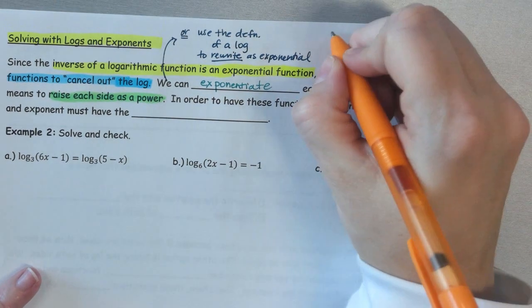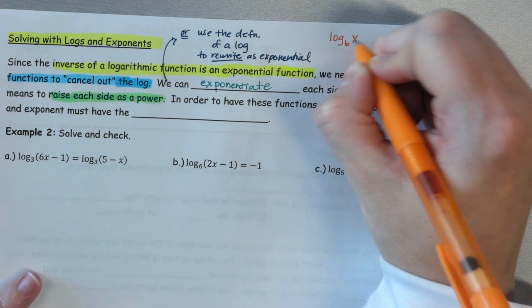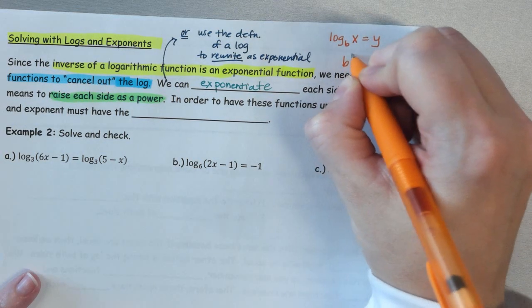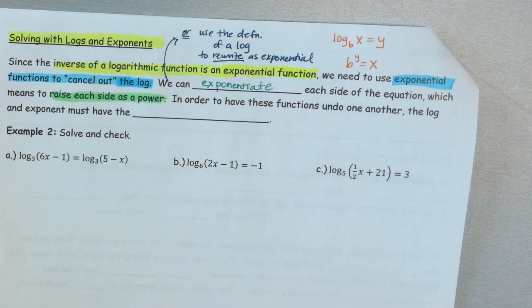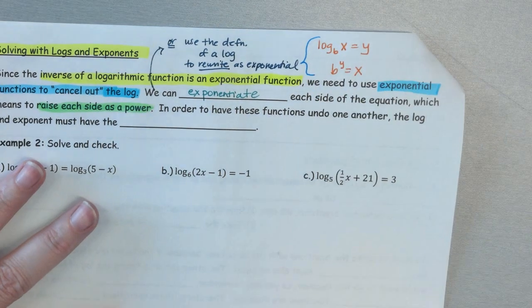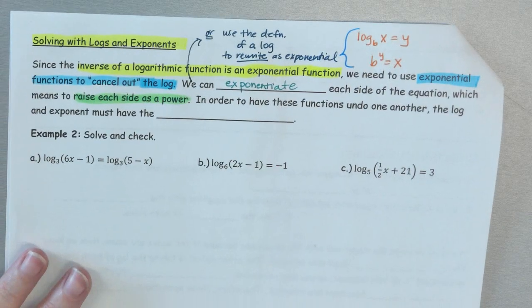That's just your definition. So log base b of x equals y, and if we rewrite that, it would be b to the y equals x. Remember that's your definition there. So when we say rewrite as exponential, that's what we mean. Your base, your answer, your exponent.